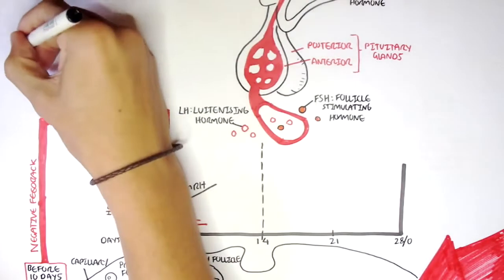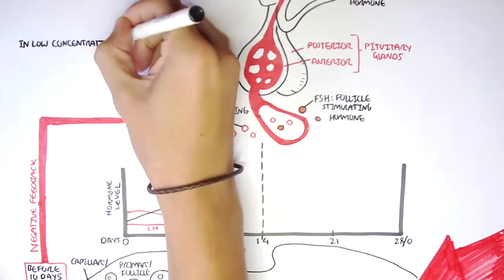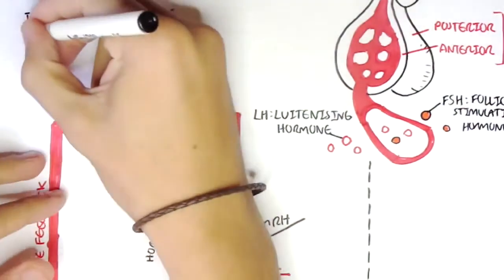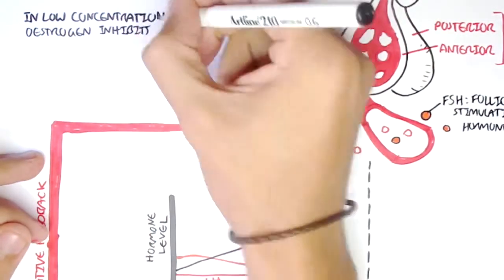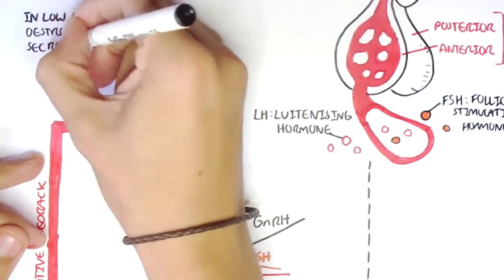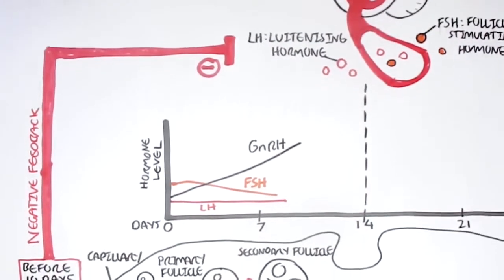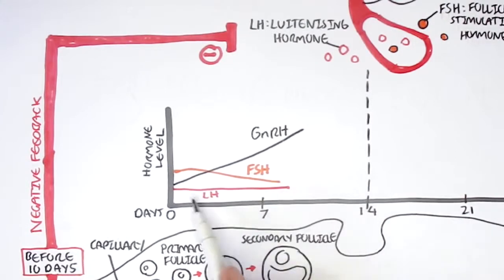To put it simply, at low concentrations, estrogen inhibits luteinizing hormone secretion from the anterior pituitary. And that is why we only see a steady level of luteinizing hormone in the blood. Because even though gonadotropin releasing hormone from the hypothalamus is stimulating the release of luteinizing hormone, at low concentrations, estrogen will inhibit luteinizing hormone release.